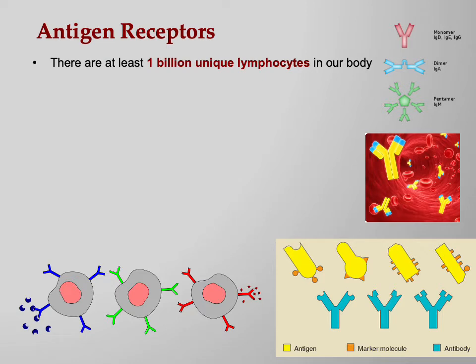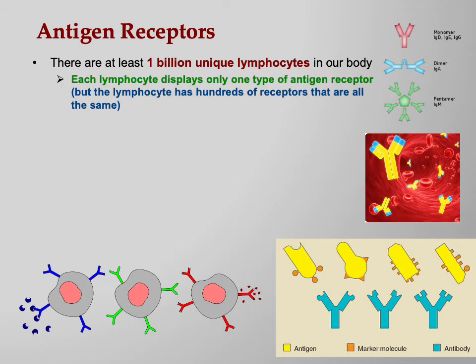So antigen receptors, we have at least 1 billion unique lymphocytes in our body. Think about it, 1 billion, that's an awful lot. So again, you have a unique lymphocyte for measles, polio, chickenpox, the mumps, and on and on and on. A different one for each one. That's pretty incredible. Each lymphocyte displays only one type of antigen receptor, but that lymphocyte has hundreds that are all the same. You see those B cells down in the lower left.